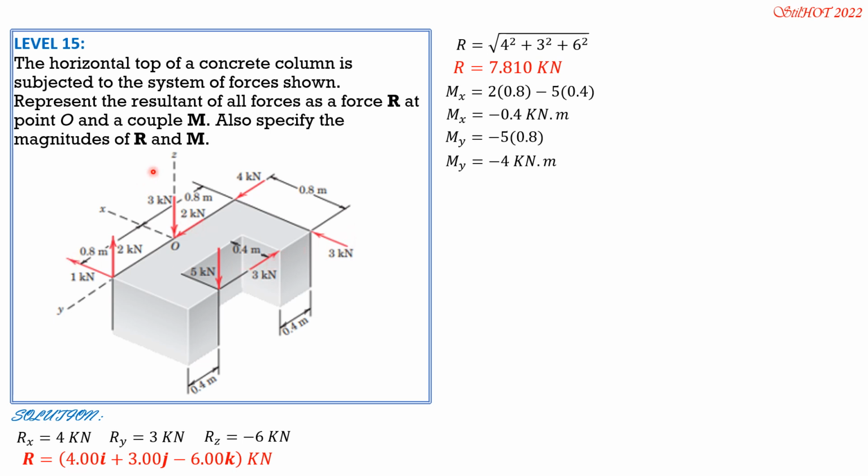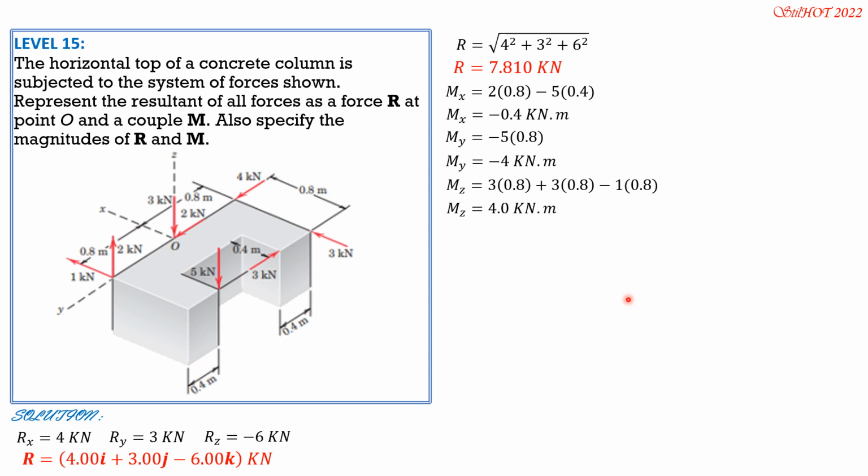So since positive sense of moment is in that sense, 3 times 0.8 is positive, 3 times 0.8 is positive, and minus 1 times 0.8. So MZ is 3 times 0.8 positive plus 3 times 0.8 positive, then minus 1 times 0.8. So MZ is equal to 4.0 kilonewton meter.